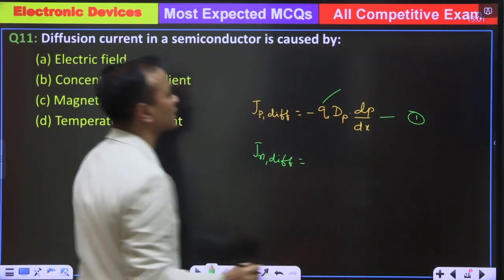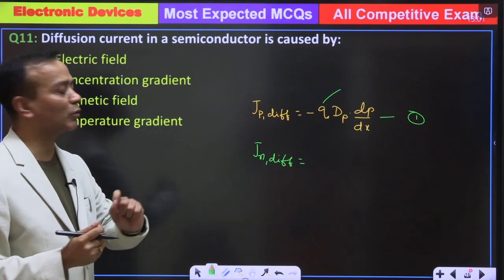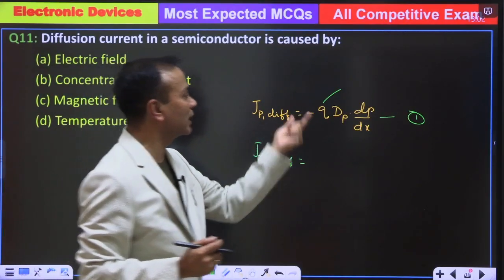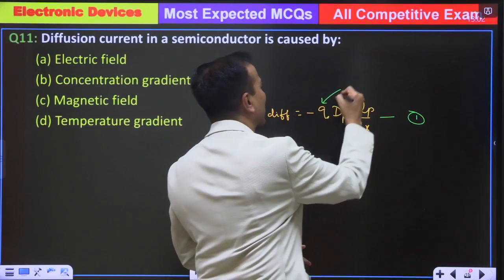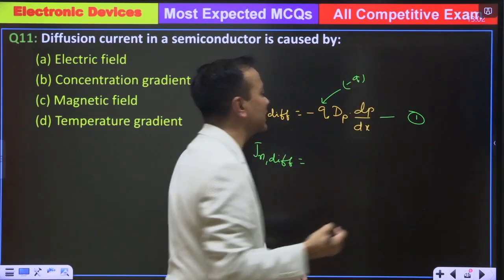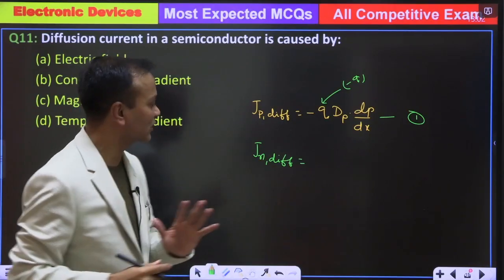This is the expression for the positive mobile charge carriers. If we talk about the electron, it has negative charge, so we need to replace this Q by minus Q. Then this will transform the diffusion current density equation for the N type semiconductor.